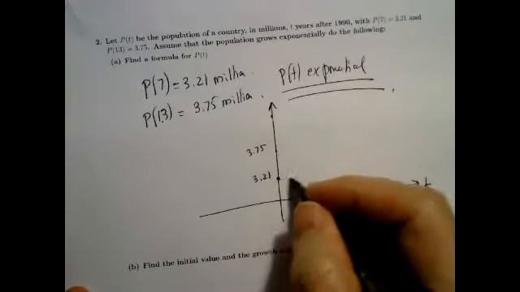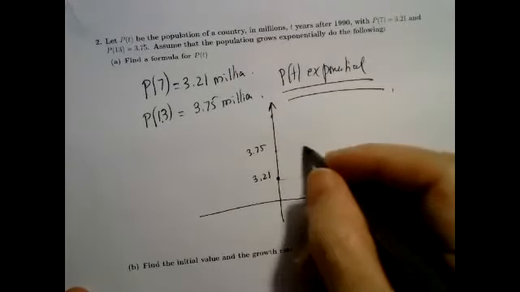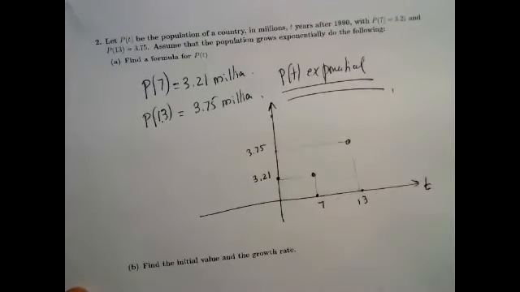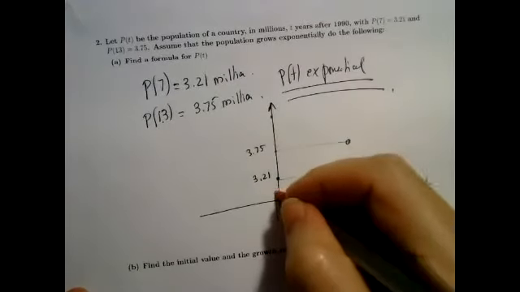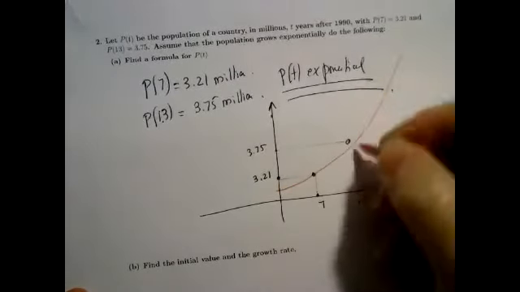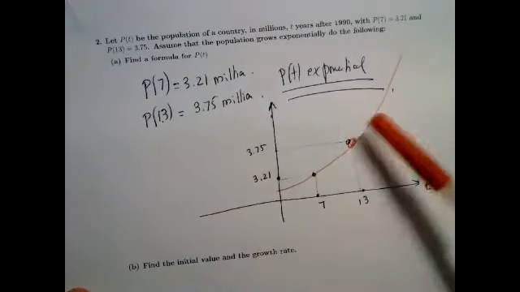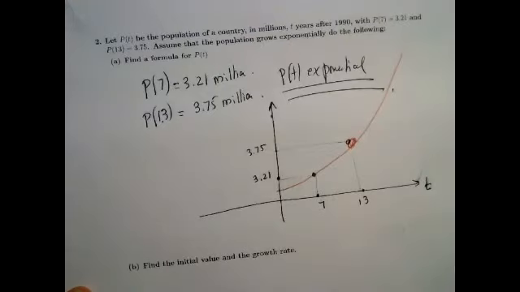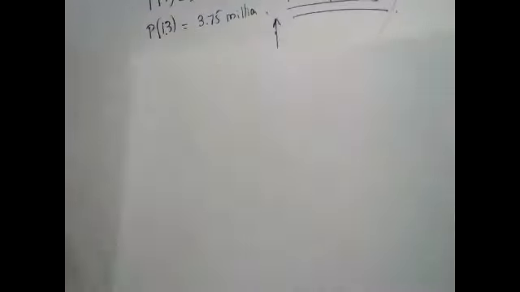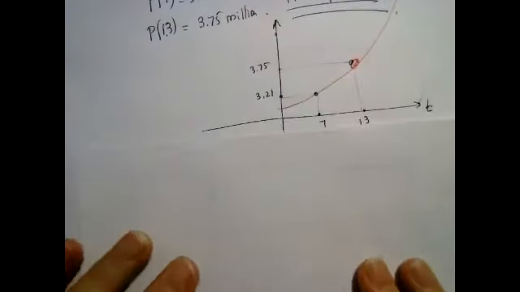So my graph at 7, at 13 here. And the growth is exponential. It means not by the same amount, but by the same percent. So that's really my graph. Another question, what's the formula for P of T? So it's again the same idea, exactly the same. So let's do that very quickly. I will ask you for answers, so please be ready.